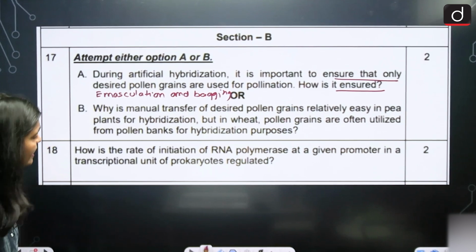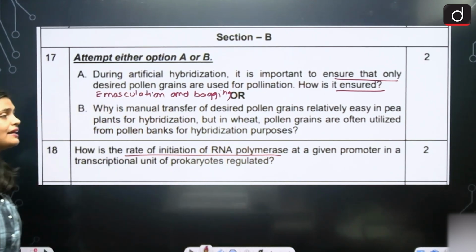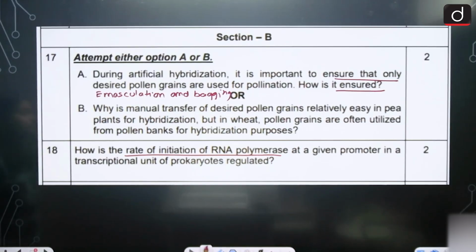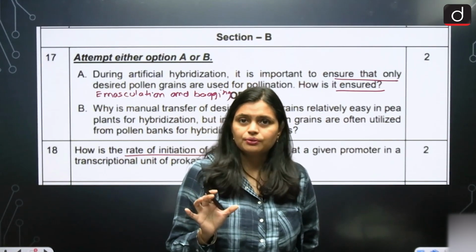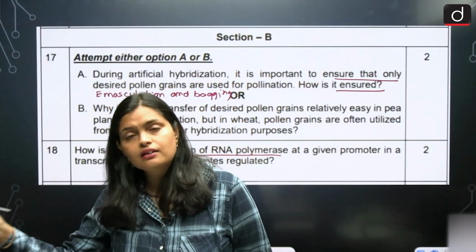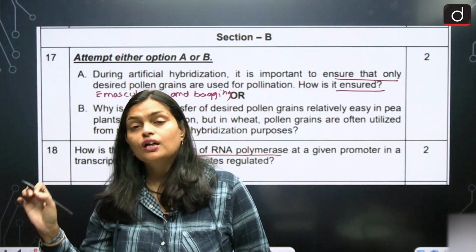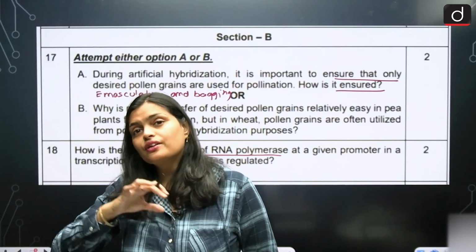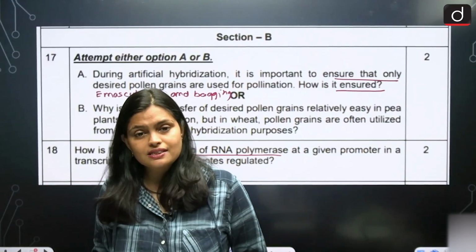How is the rate of initiation of RNA polymerase at a promoter in a transcriptional unit of prokaryotes regulated? तो बेसिकली हमारी जो ट्रांसक्रिप्शन यूनिट होती है, it has a promoter, structural gene and transcriptional termination point, ठीक है? तो आरएनए पॉलीमरेज will recognize the promoter, but who will help them to recognize the promoter?